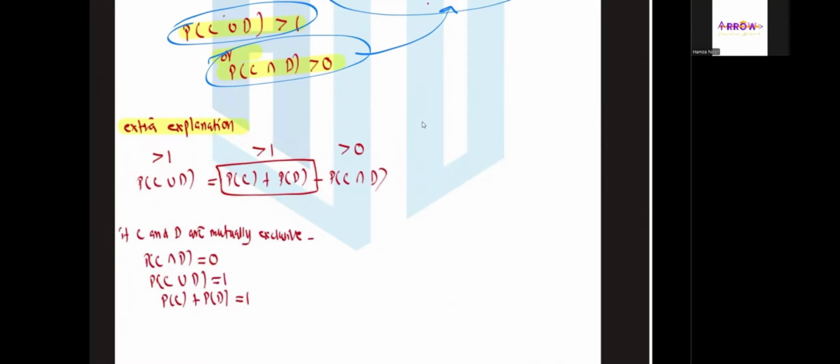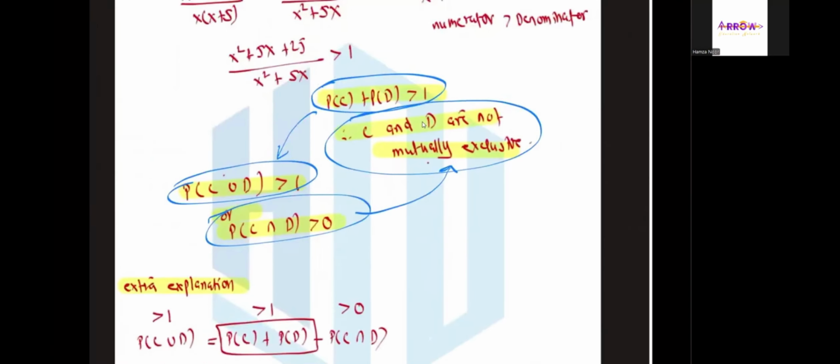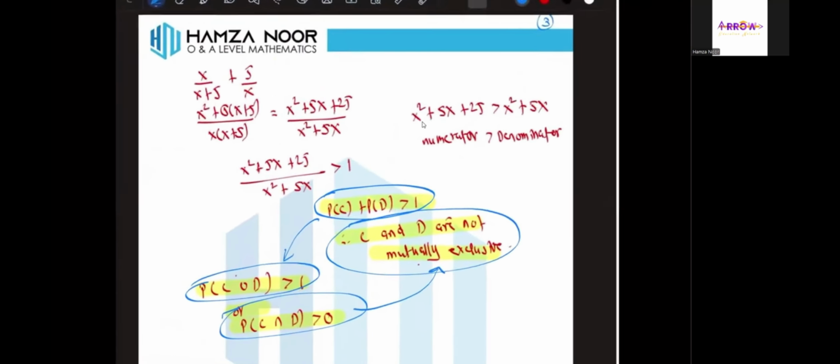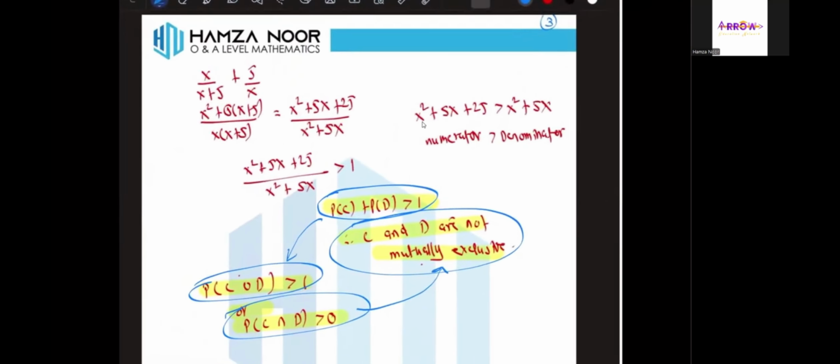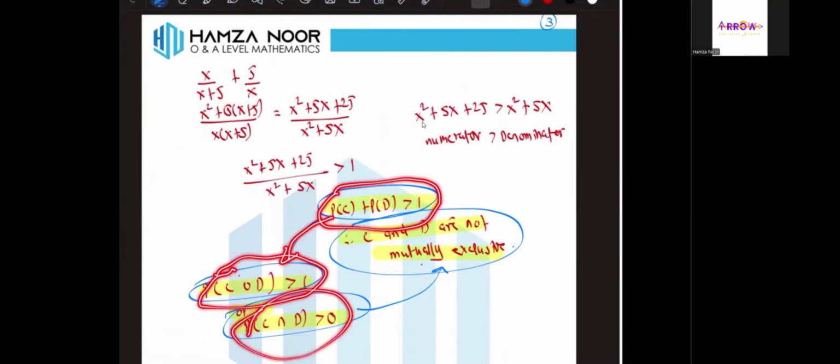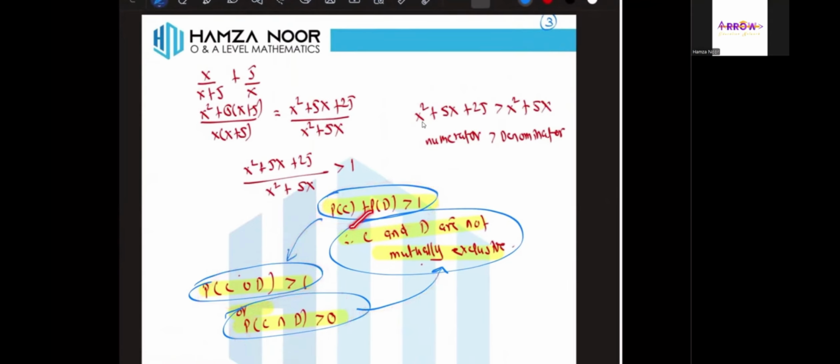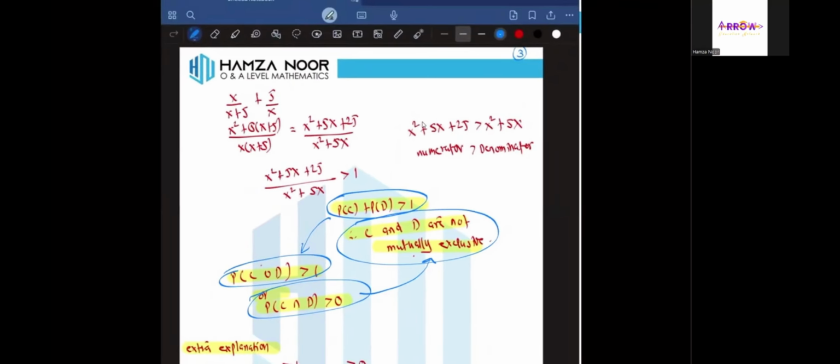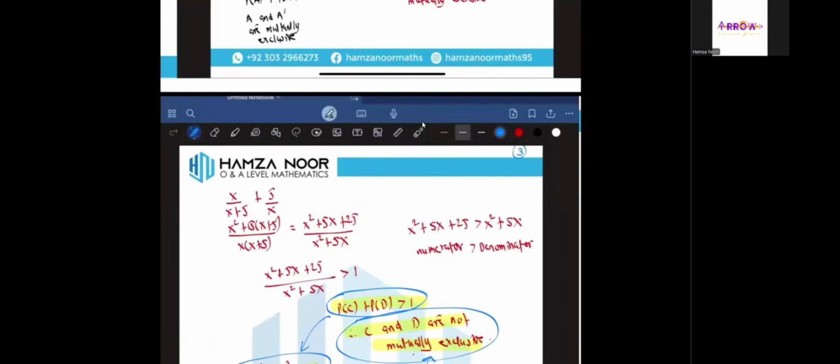There is a positive value of C intersection D, and therefore the probability of C intersection D is greater than 0. So this is the order in which you write your answer. First you mention this expression, then either this expression or this one, and then finally you conclude that C and D are not mutually exclusive. So in this way, the discussion of this question is complete.